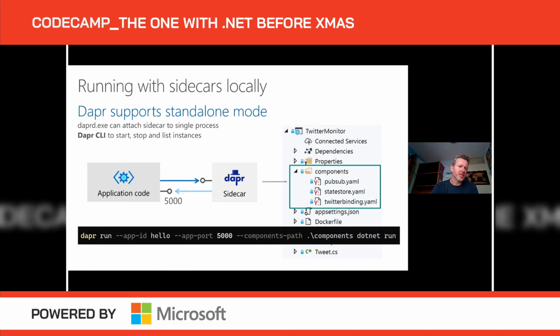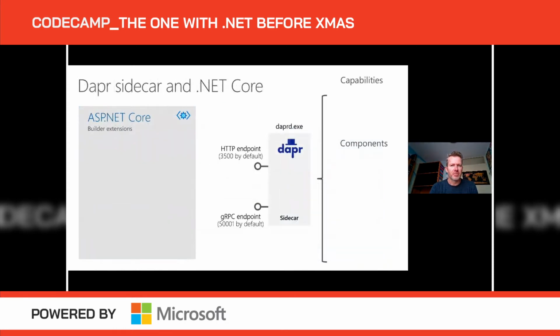And the beautiful thing is that it's mostly the same in production, except that you don't have all the debugging tooling there. But you would even be able to debug in that situation. Now, since we're going to build a .NET Core application, it's important to understand that things stay pretty much the same.